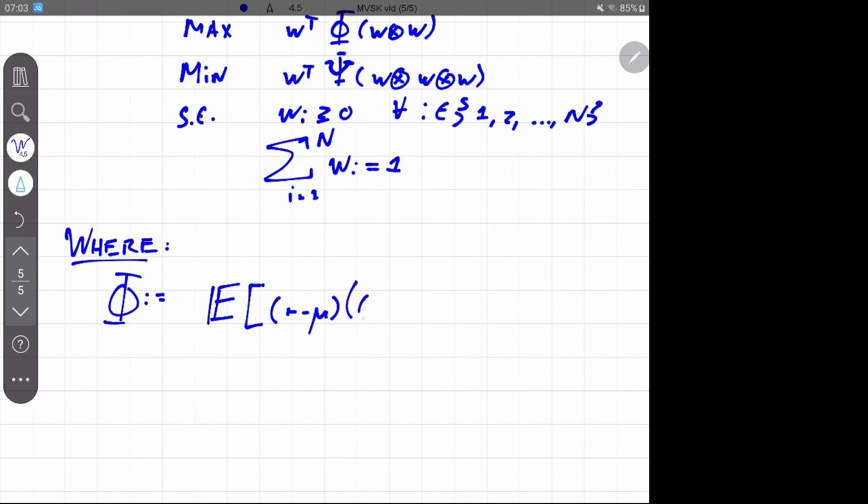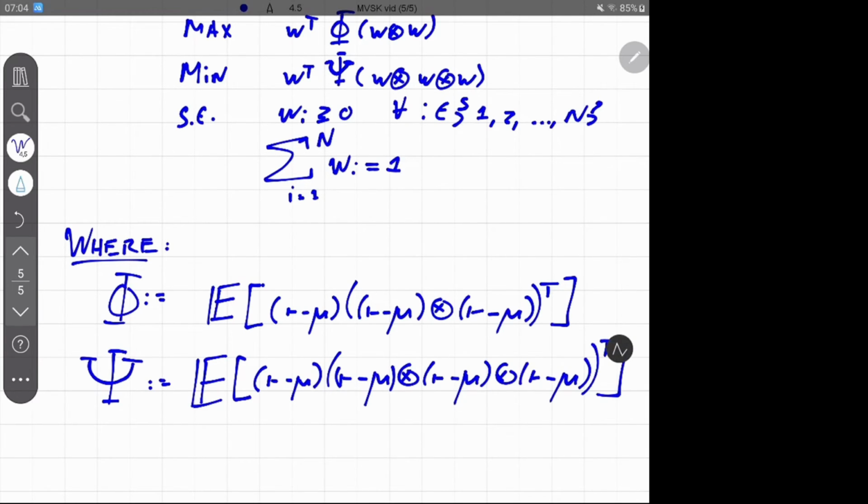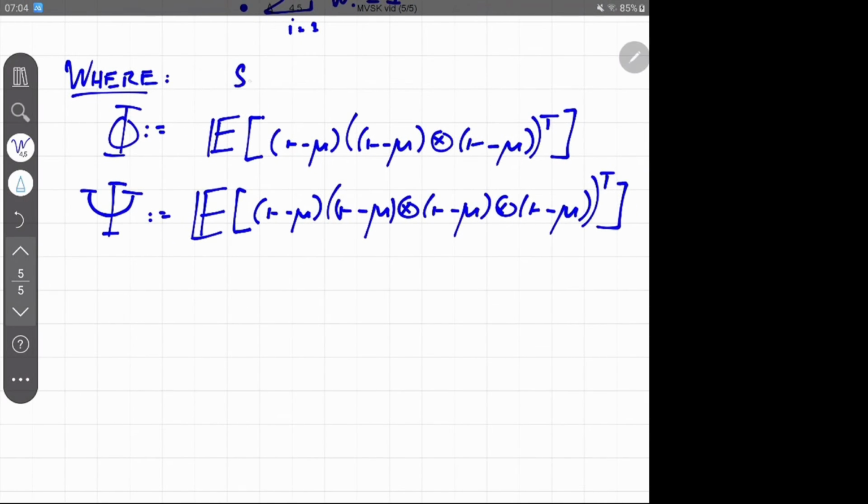So the skewness matrix is quite an obvious generalization of the covariance matrix. We use the tensor product notation to illustrate this. And similarly, the kurtosis. The skewness we saw in the GIF of the previous segment shifts the distribution from left to right, and the kurtosis is a bit more subtle. It's more like the variance is skewed.